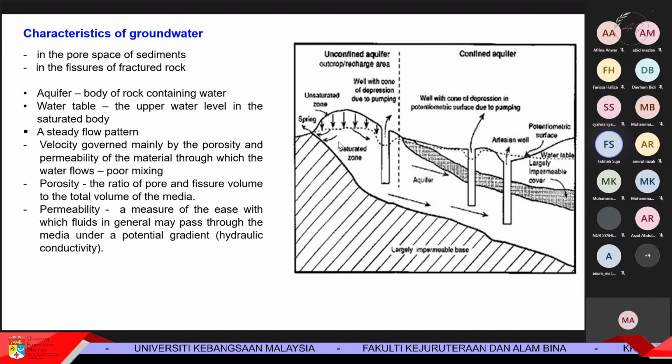Sometimes you have agriculture, so they have this contaminant. Of course, if it is easily entered, it will go to your groundwater.